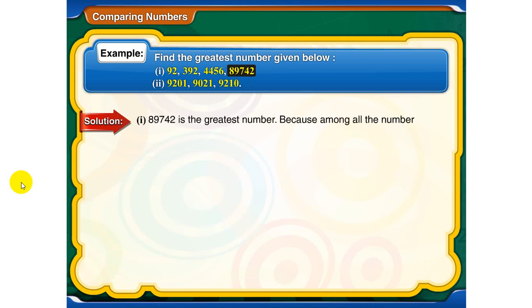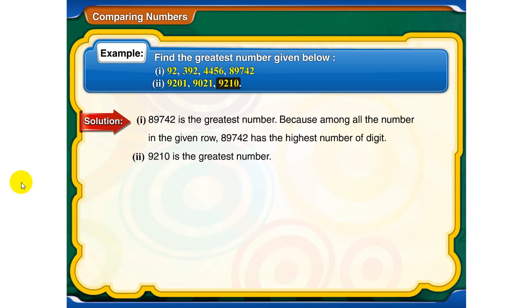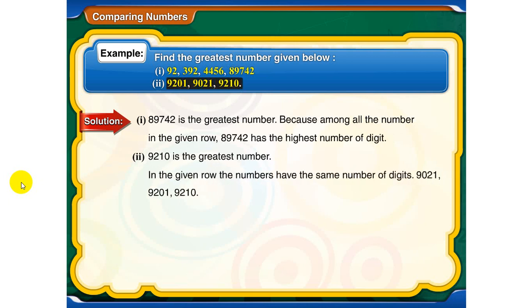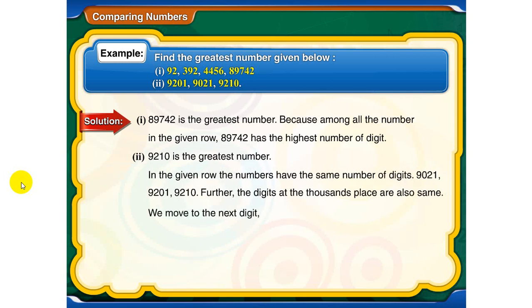89,742 is the greatest number because among all the numbers in the given row, 89,742 has the highest number of digits. 2. 9,210 is the greatest number. In the given row, the numbers have the same number of digits. Further, the digits at the thousands place are also same. So, we move to the next digit, that is to the digit at the hundreds place.